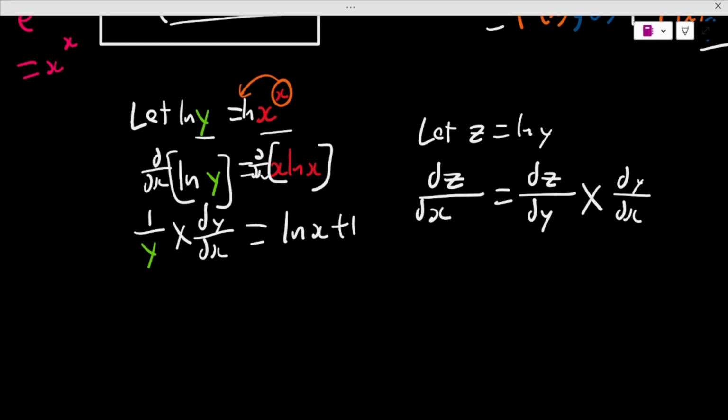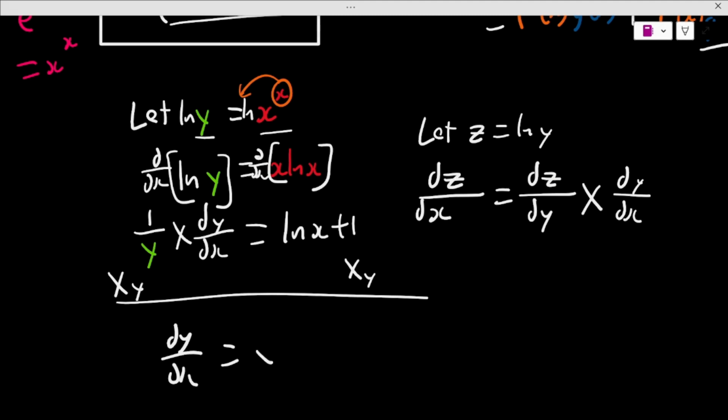This means that we essentially want to find dy/dx. So perhaps we can solve for dy/dx. Well, just multiply both sides by y. You get dy/dx is equal to y times ln x plus 1, and we know that y is equal to x to the x.